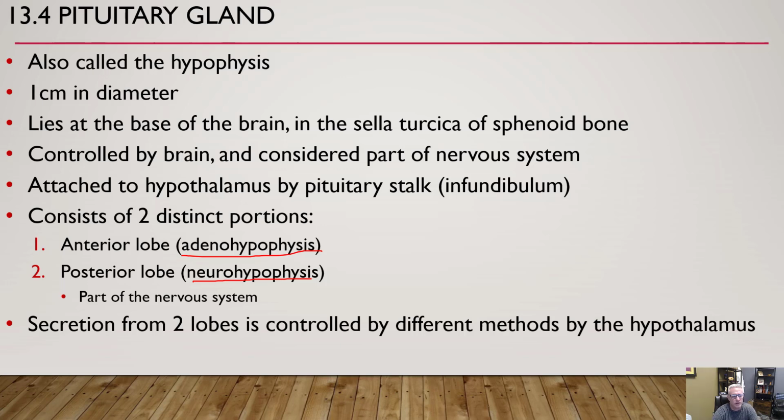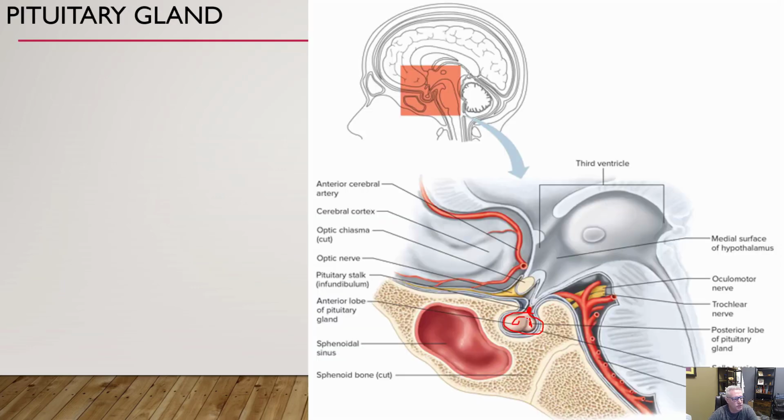In fetal development, we have this small intermediate lobe called the pars intermedia. It develops in the fetus, and it produces melanocyte stimulating hormone, or MSH, which regulates the formation of melatonin. But as you can see, in an adult, it's not defined at all. It would kind of sit right here. So in the adult, we really only have two lobes.